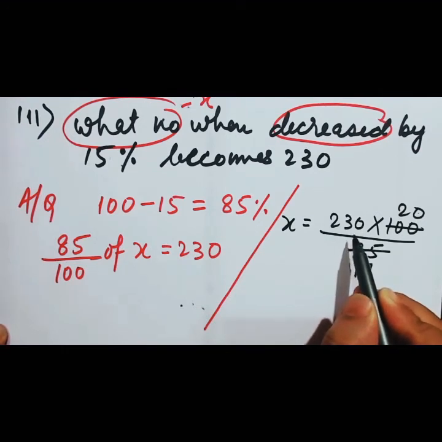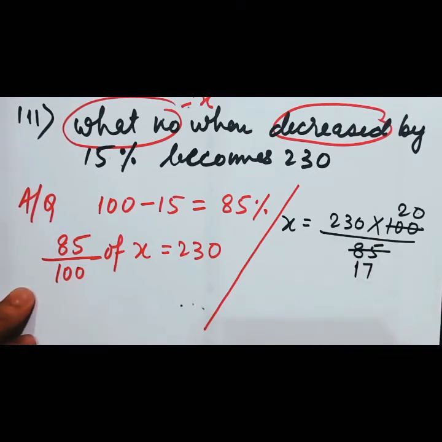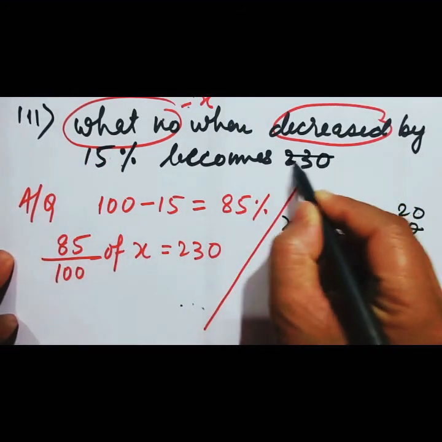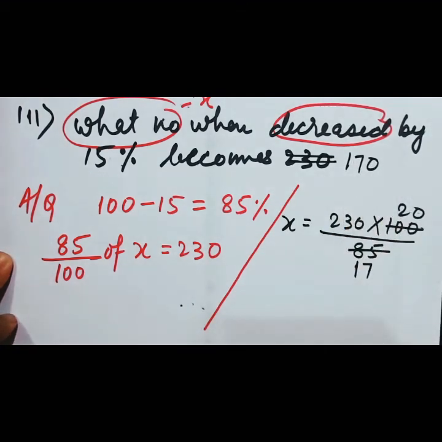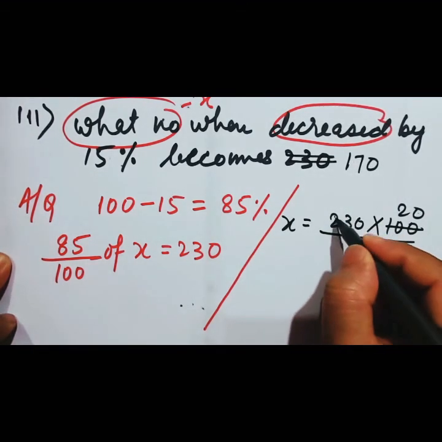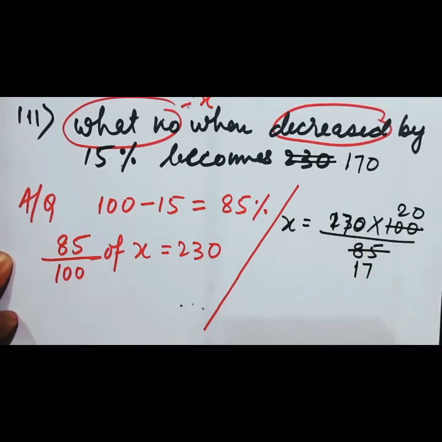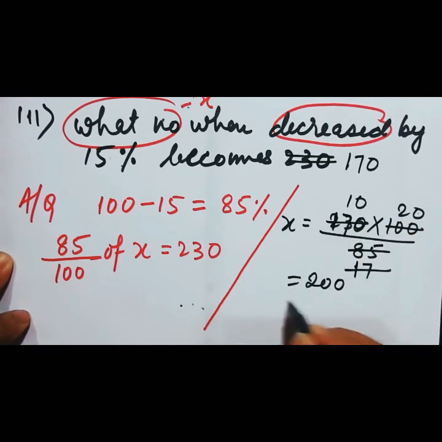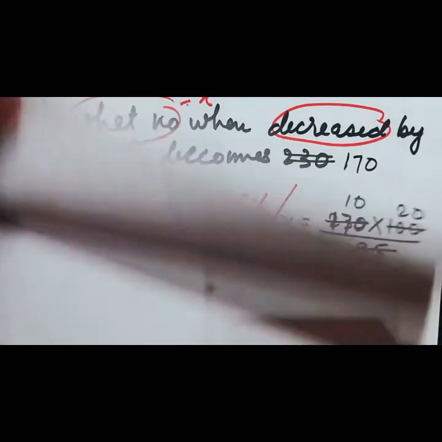Let us see if I have made some mistake over here. Of course I have made some mistake over here. This means we have been given the value not 230, it is 170, my dear. It's 170. Okay, so here let us write 170. Now the 17 10 times will give you 200. Very simple, as anything.